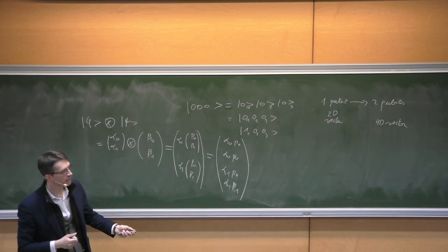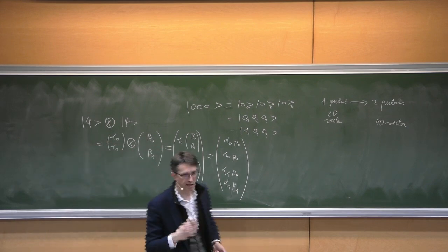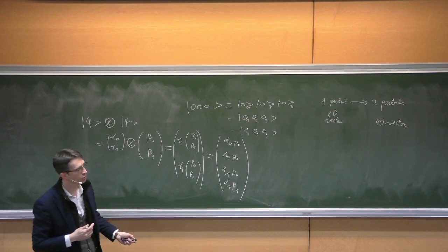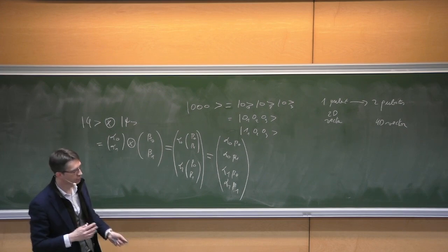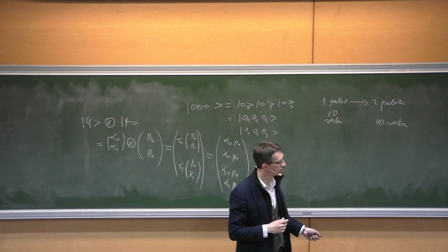So this is it. Another way of seeing the tensor product is as an actual multiplication between the 2 qubits. If I multiply phi and psi and develop the expression, I would have 4 terms, which is this term, this one, and this one.